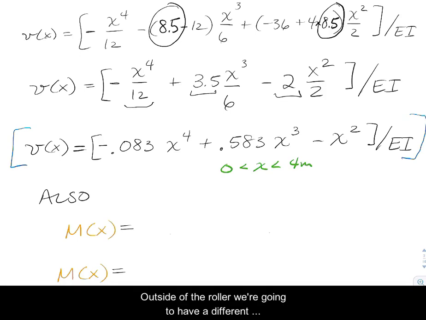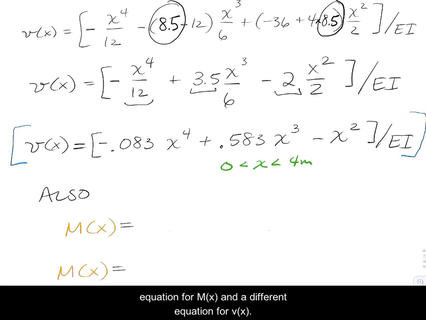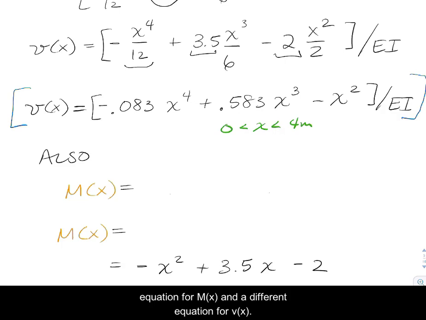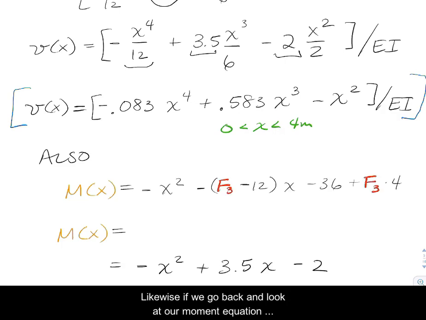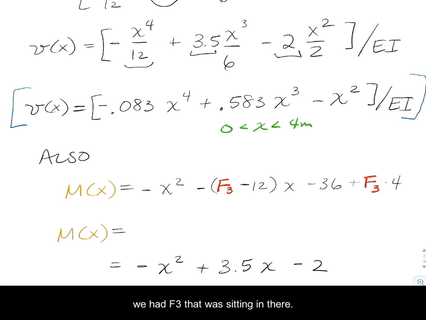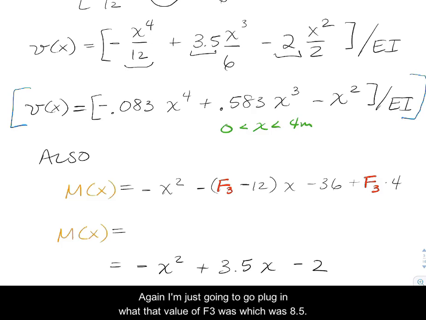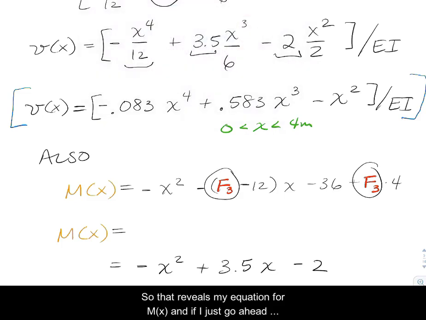Outside of the roller, we're going to have a different equation for m of x and a different equation for v of x. Likewise, if we go back and look at our moment equation after we cut the beam open and solve for it, where we had F3 sitting in there, I'm just going to plug in that value of F3, which was 8.5.